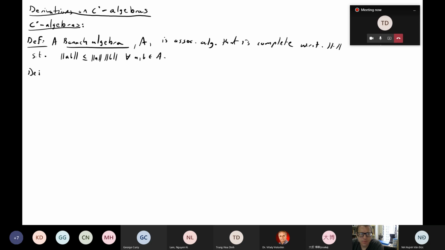The second definition is what I'm going to call an involution. Some people may call this an anti-involution, depending upon the context, but I'm going to label it as a star.